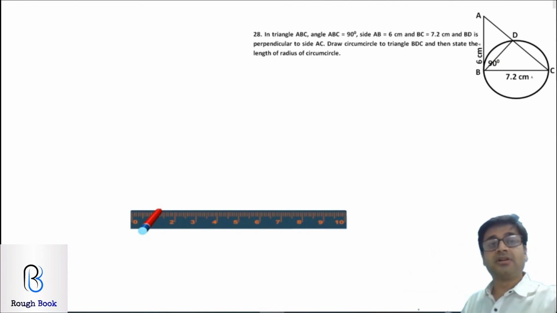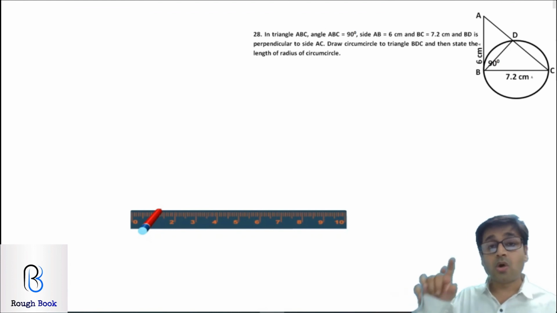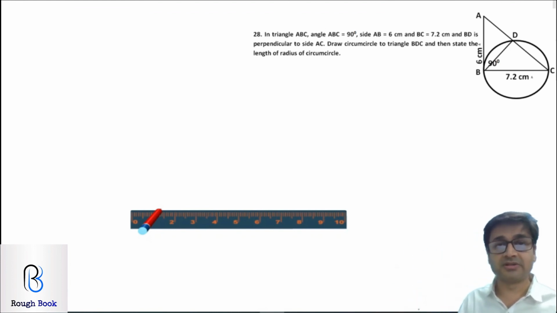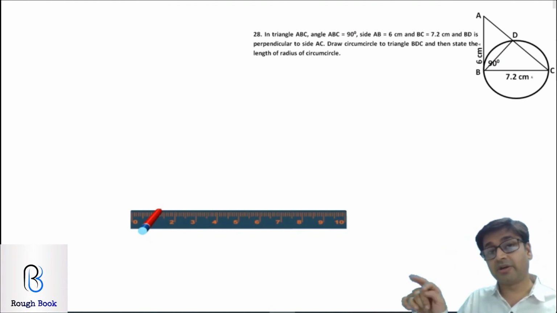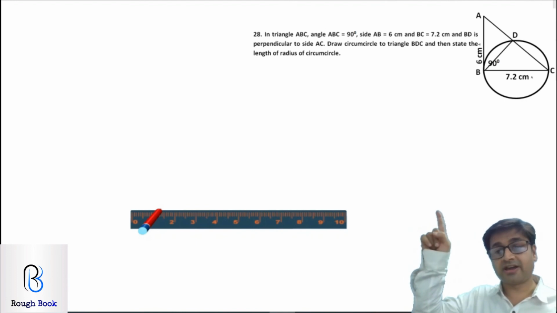Draw a circumcircle of triangle BDC. That means BC and D together you are drawing it, and then state the length or the radius of this circumcircle. So we don't know what should be the radius of that circumcircle. Now they said BD is perpendicular to AC. That means angle BDC, can you see on the rough diagram there?